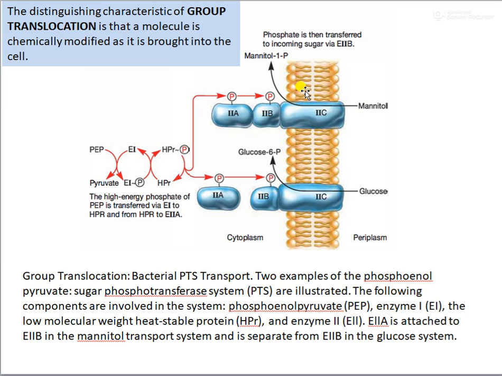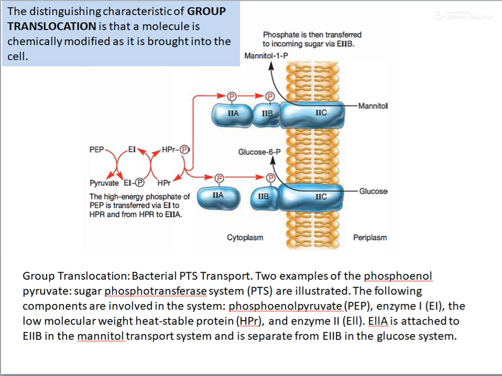So mannitol is converted into mannitol 1-phosphate when it is being brought into the cell. At the same time, you can also see glucose being transferred into the cell by converting it into glucose 6-phosphate. So the substance which is getting transferred here is modified as it moves into the cell.